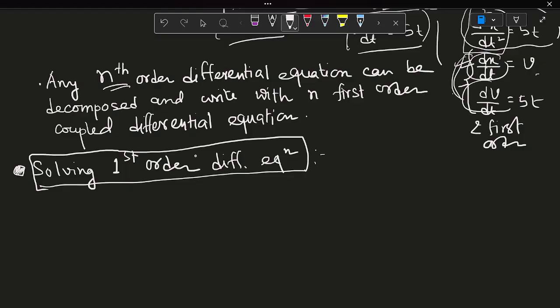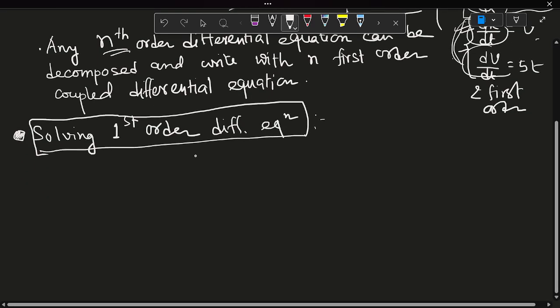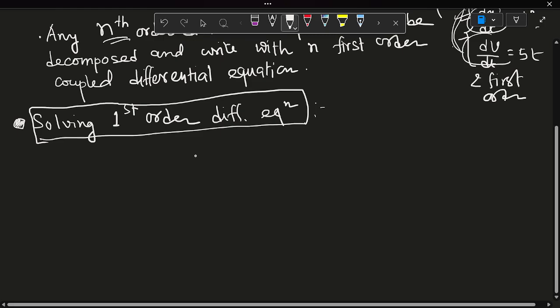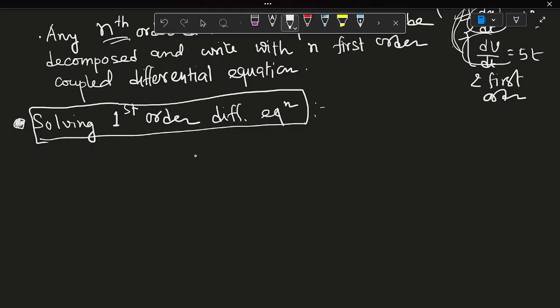This is the topic we will now explore. Generally any first order equation you can write in the following way: dy/dt equals a function of both y and t. This function can be very simple and it can be very complicated also.